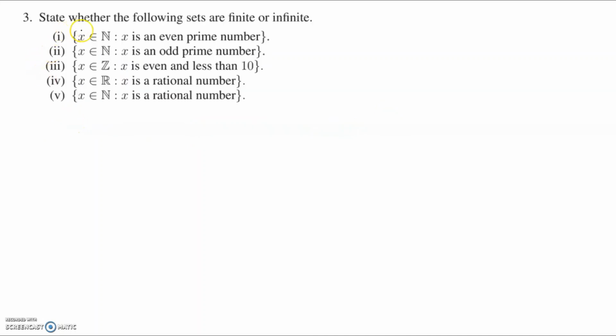Question number 3. State whether the following sets are finite or infinite. Question number 1 says, you're given a set x belongs to N such that x is an even prime number.